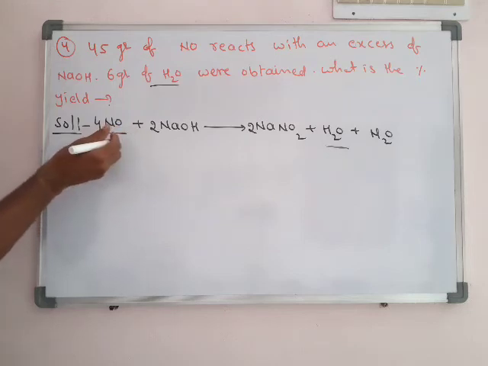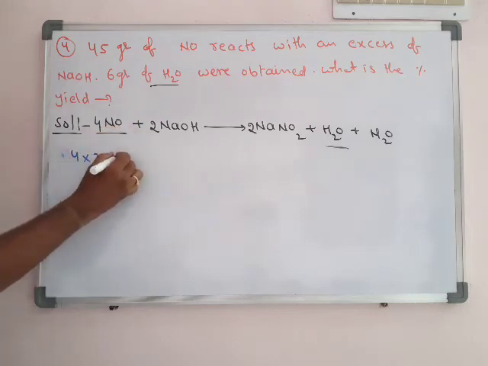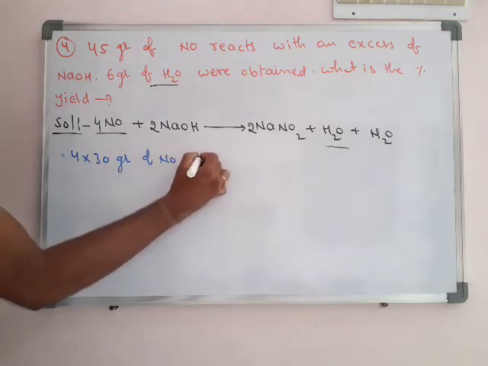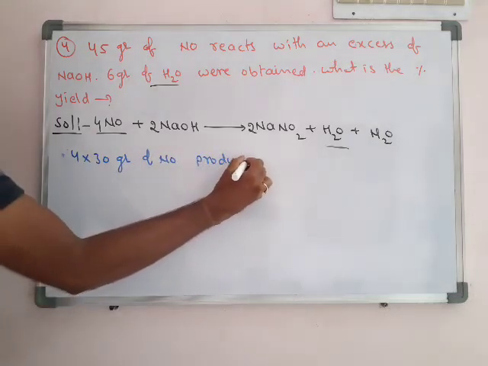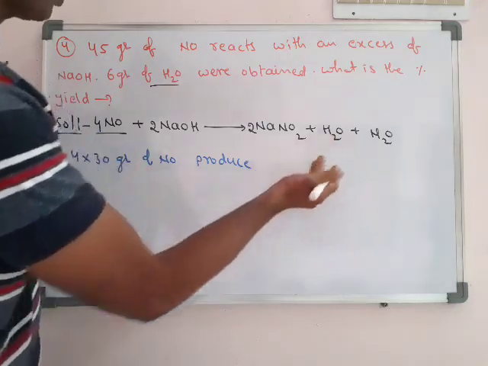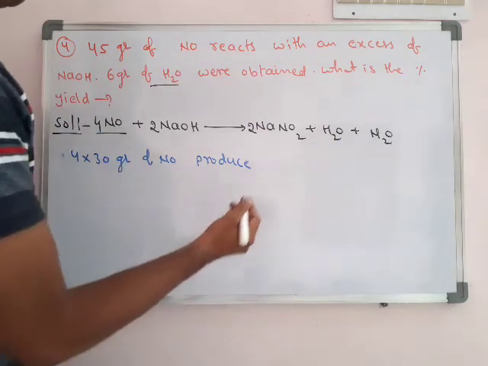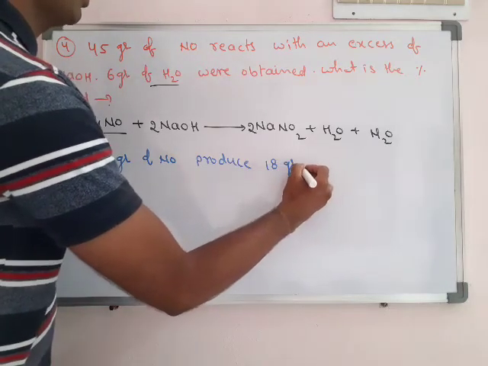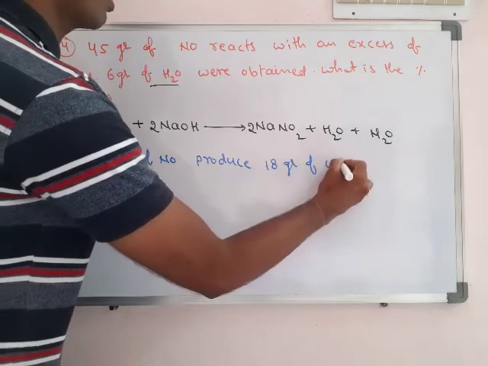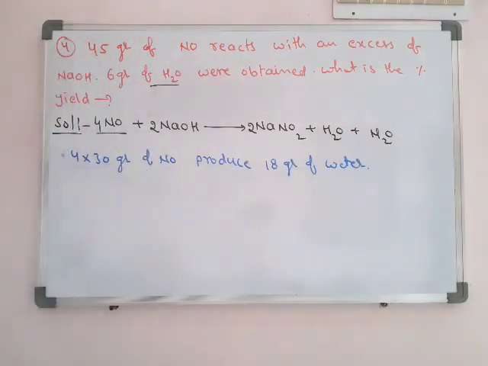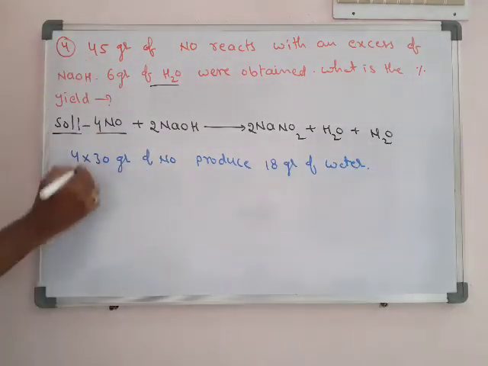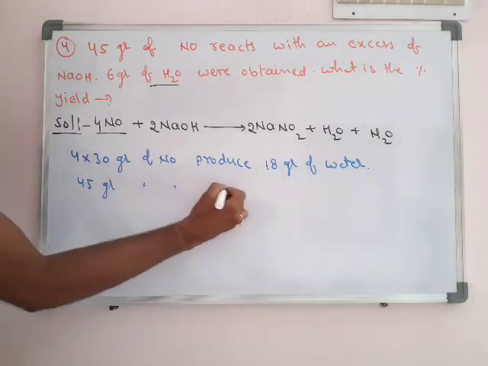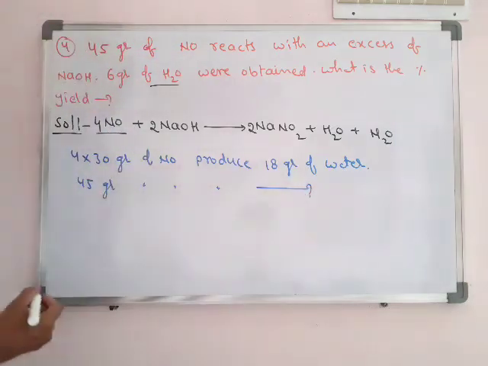Nitric oxide means it is 14, 16. 4 into 30 grams of NO produces how much water? 1 mole of water, so 1 mole of water is 18 grams. So it produces 18 grams of water. But it is given how much? 45 grams. The 45 grams of NO produce how much water?